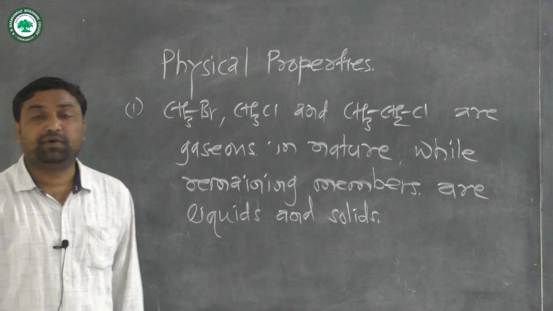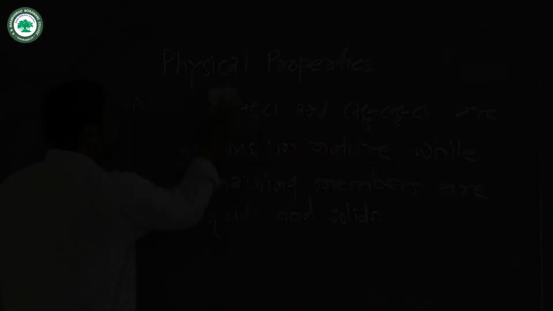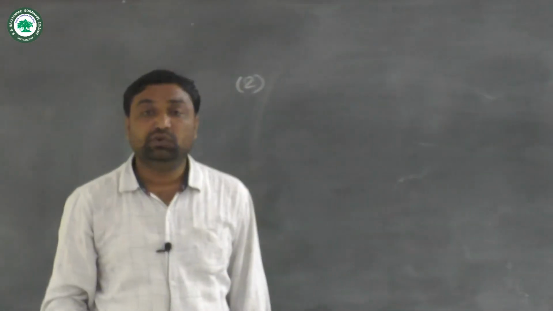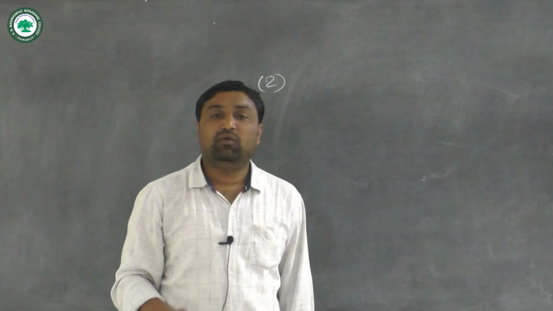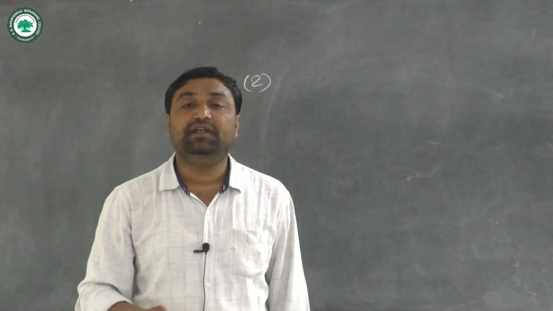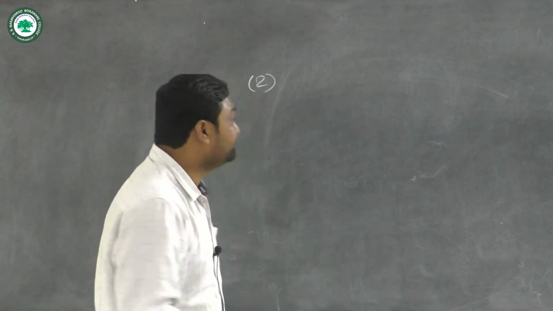The second property of alkyl halides is that haloalkanes, due to their higher molecular weight, have higher boiling and melting points than the corresponding alkanes.